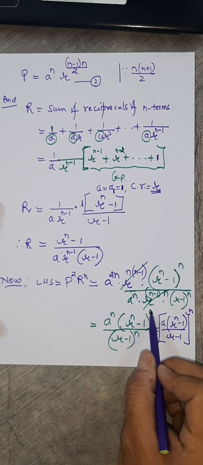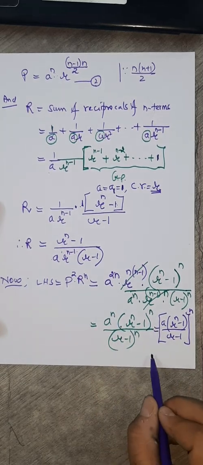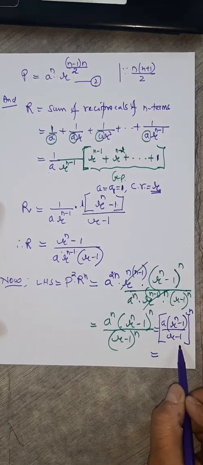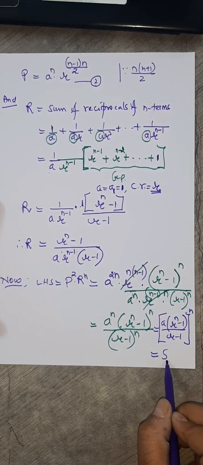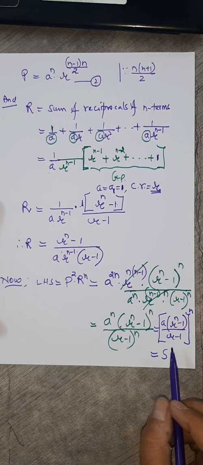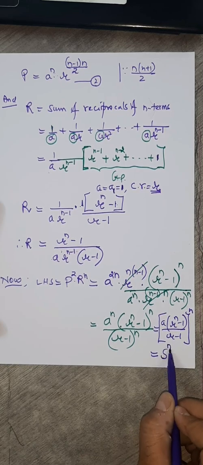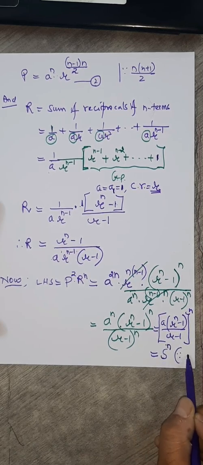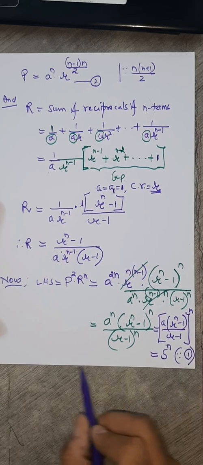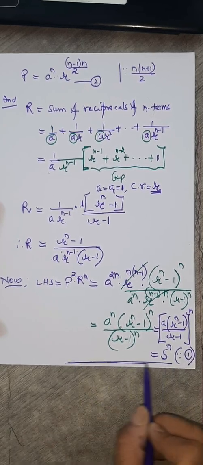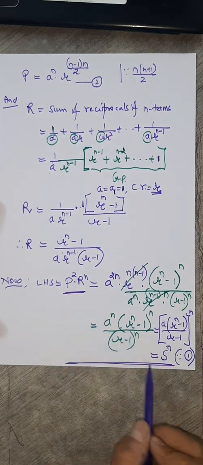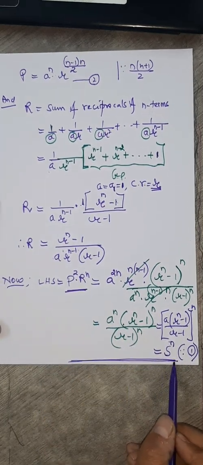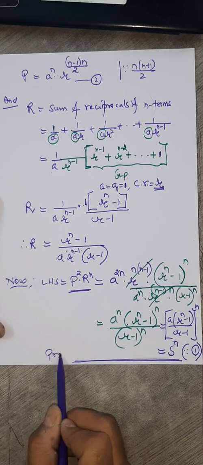Right? This n, this n and this n, that power I have taken outside. And this is nothing but just, look at 1, that is Sn. So that is S raised to n. This is because of equation number 1, and therefore proved. That's what you wanted to prove. P square into r raised to n equals to S raised to n, and therefore proved.